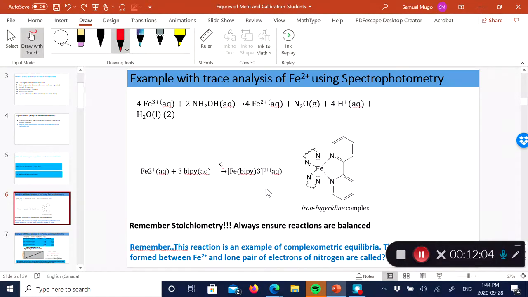Maybe as a homework, why don't you look in the literature at the magnitude of the formation constant between iron 2+ and the bipyridine. Also remember, very important, for the stoichiometry to be known and to be balanced. So make sure you balance your reaction, which is right there.